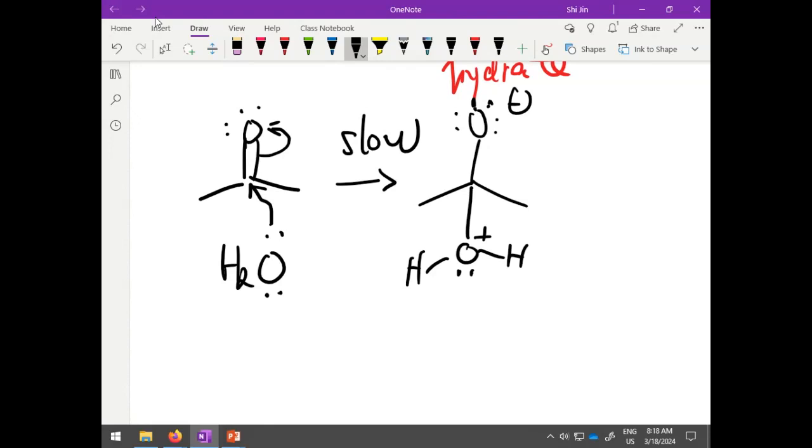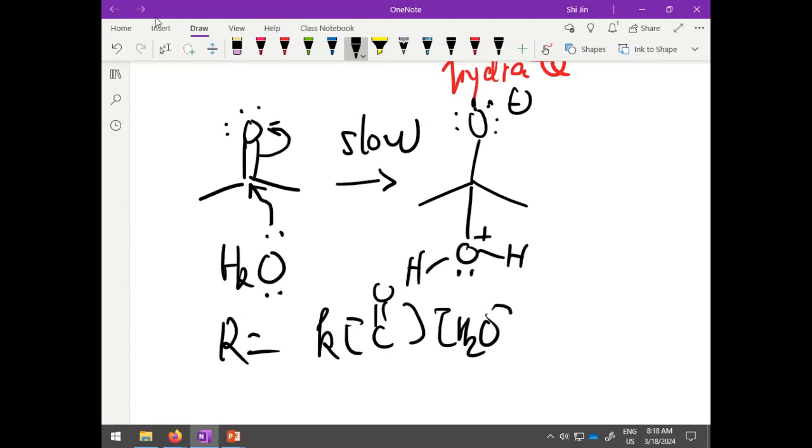So this rate limiting step, the rate depends on what? Obviously, the concentration. Let's work out the relationship of concentration. So let's say the overall rate R equals k times the carbonyl concentration and the water concentration, right?